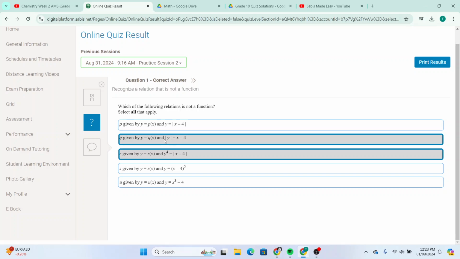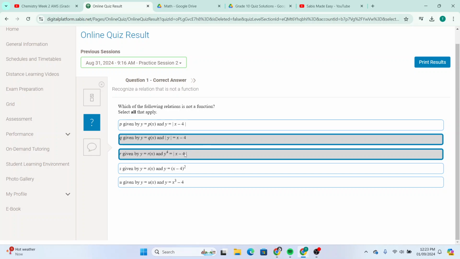If you remove the absolute value, this would be a function, but it's not, because with absolute values you don't know if the original value was negative or positive. The original value could have been negative 5, but since it's an absolute value, we changed it to 5. So there could be two values for this relation, making it not a function.